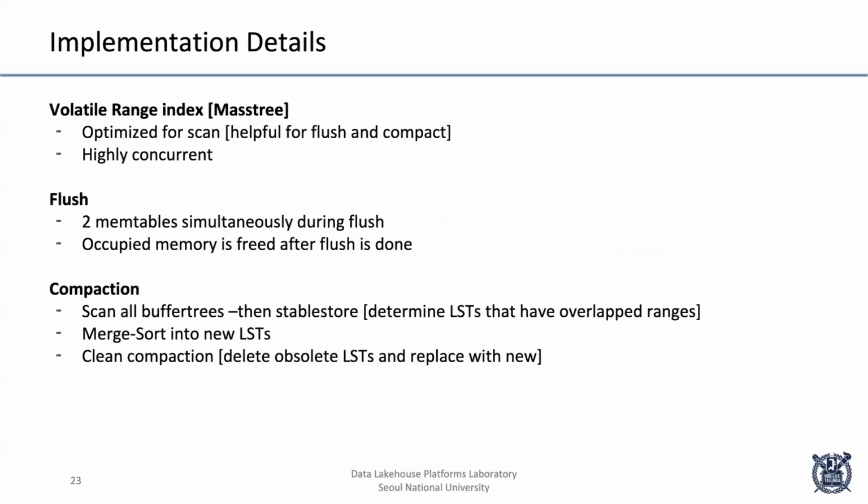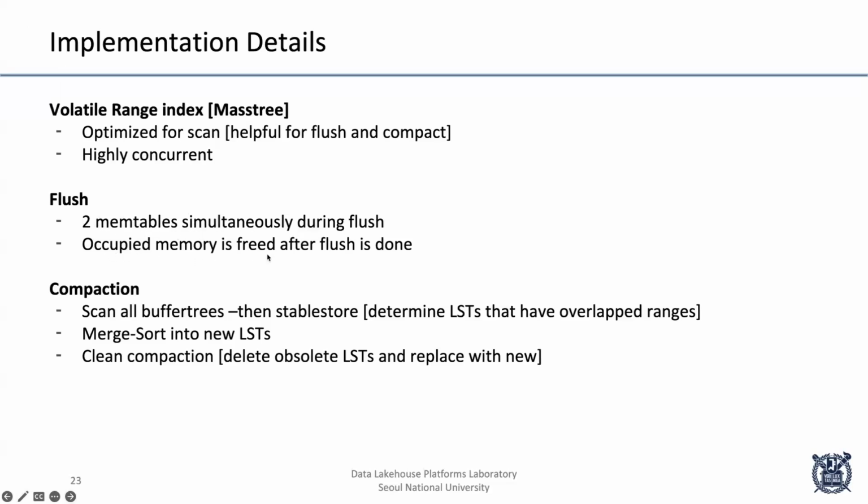So some details. Like I said, they choose Masstree for all of their volatile range indexes in all of the stages. It's optimized for scan, which helps them in flush and compaction, and it's highly concurrent. I mentioned earlier that for the flush, they keep 2 memtables simultaneously.